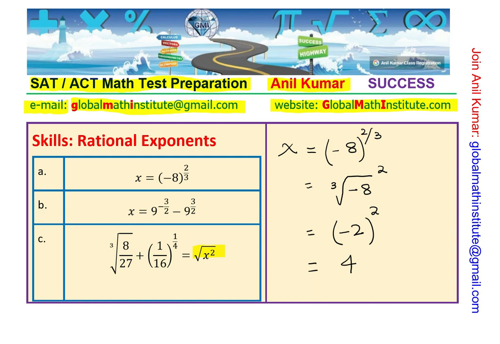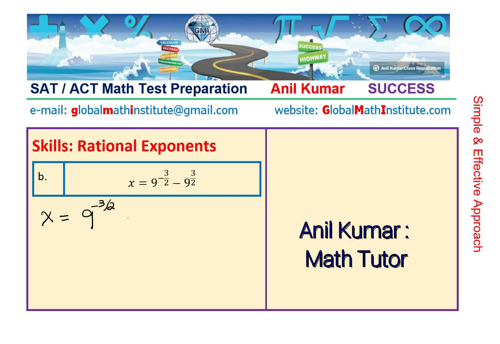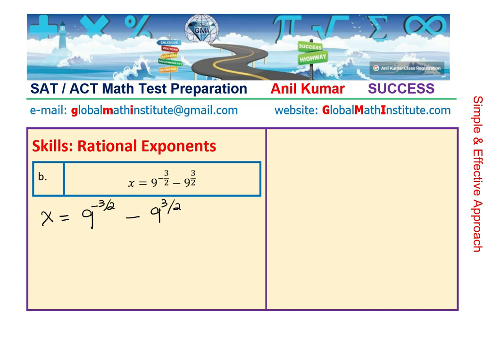Clear? Let's move on and take up the next question, where we have x equals 9 to the power of minus 3 by 2 minus 9 to the power of 3 by 2. Now, purposely, this example has been taken to understand what 9 to the power of 3 by 2 means, and what 9 to the power of minus 3 by 2 means.